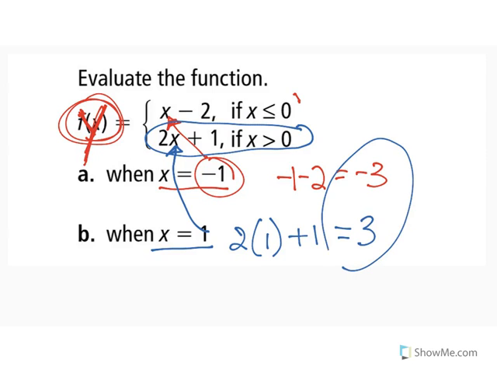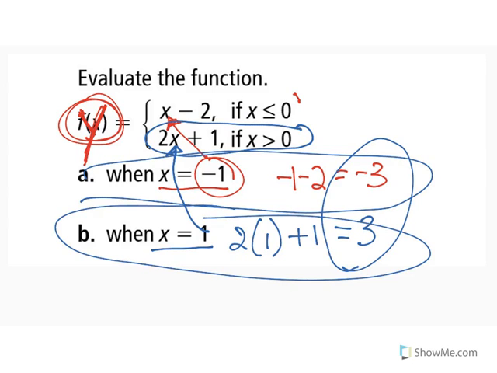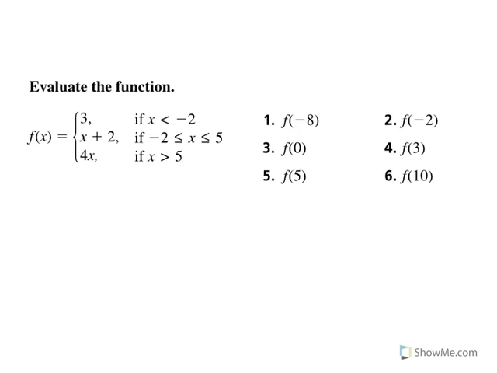So technically, these are your answers, okay? That's your answer to that, and that's your answer to that. Many of you will want to put -1 into both of those and get two answers, but you can't because -1 is not greater than 0. We'll keep doing some examples, I promise.